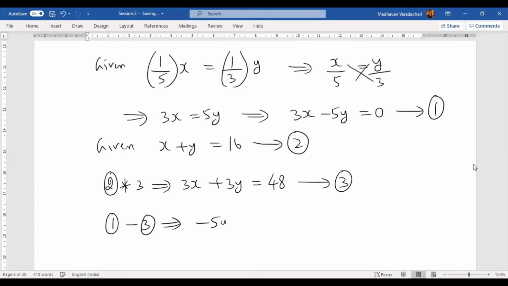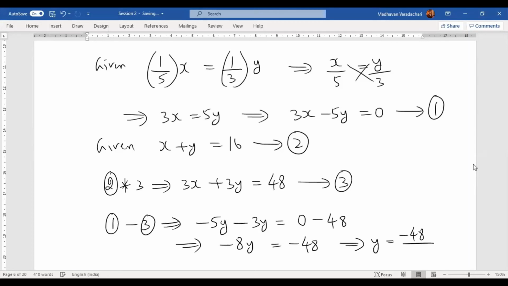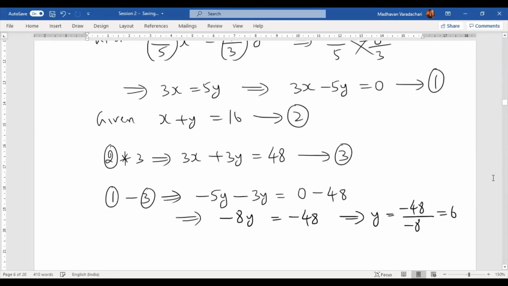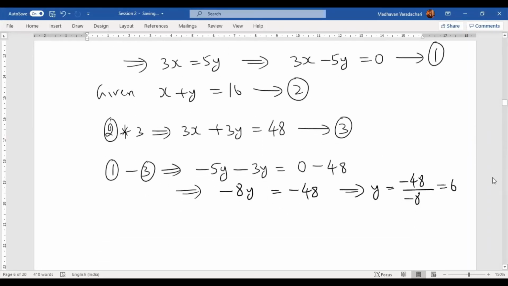Then minus 5y minus 3y is equal to 0 minus 48, which means negative 8y equal to negative 48, or y is equal to negative 48 by negative 8, which becomes 6. Okay, now I got y as 6.